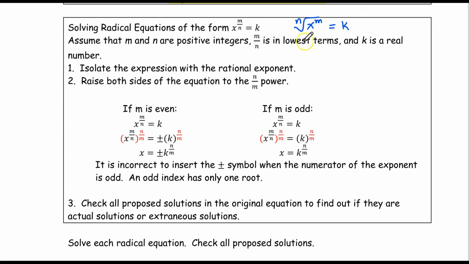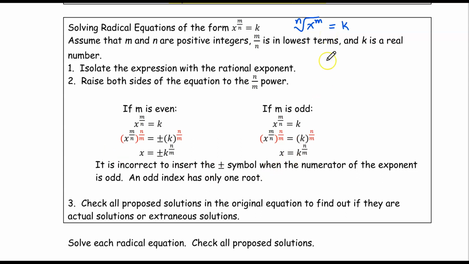Now to solve this kind of equation, we have to make sure first that the expression that contains the rational exponent or radical expression is isolated to one side of the equation.